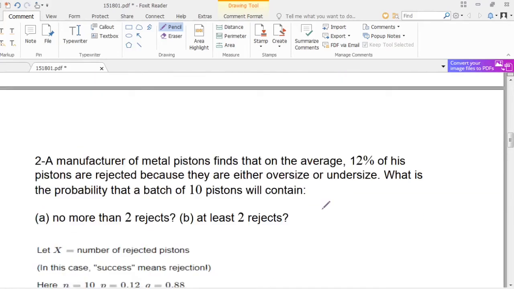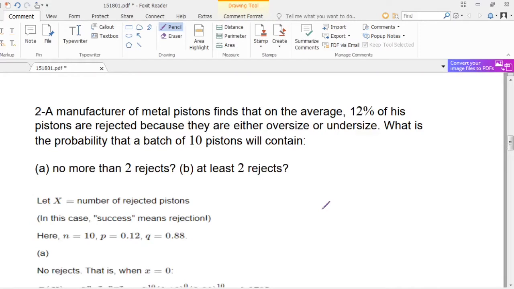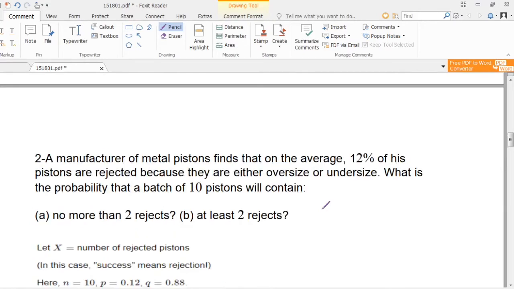The second example is about a manufacturer of metal pistons, and it tells you that 12% of his pistons are rejected because they are either oversized or undersized.